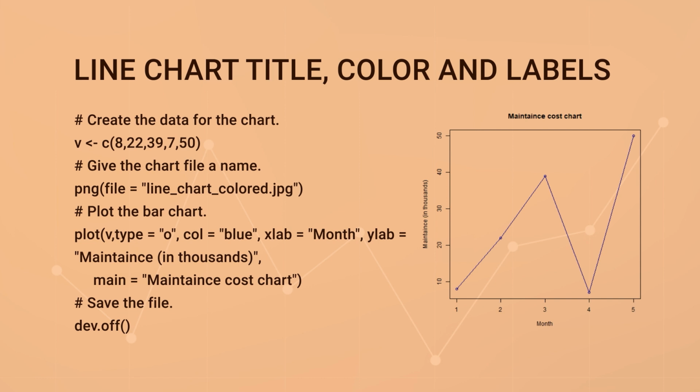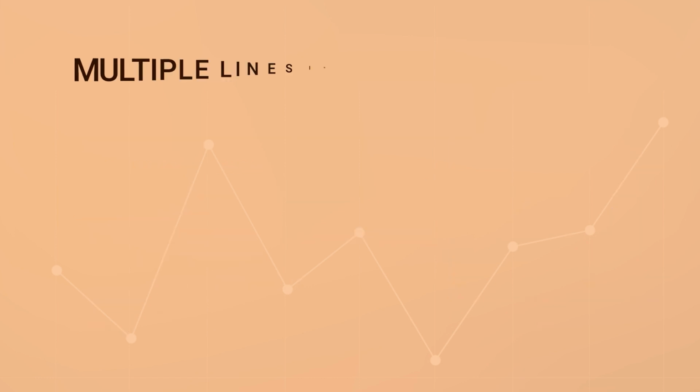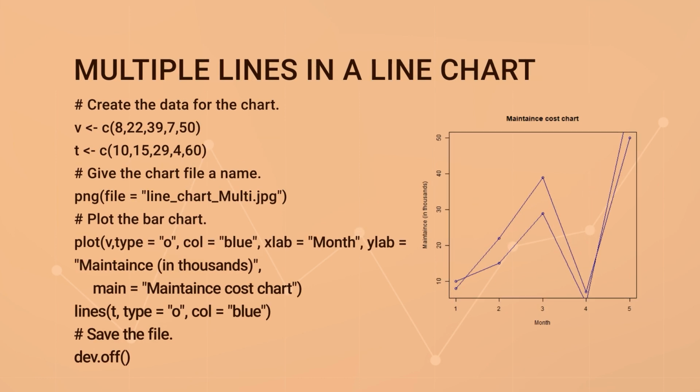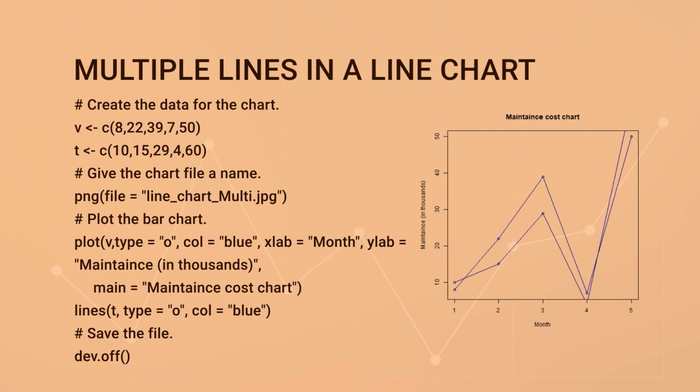So this is a maintenance cost chart. If you want to draw multiple lines in a line chart, it is also very easy. You simply have to write two particular sets. If you see here, there are two vectors in this example, v and t. Everything is the same, but you write two inputs as vectors, and then you write plot followed by the vector.